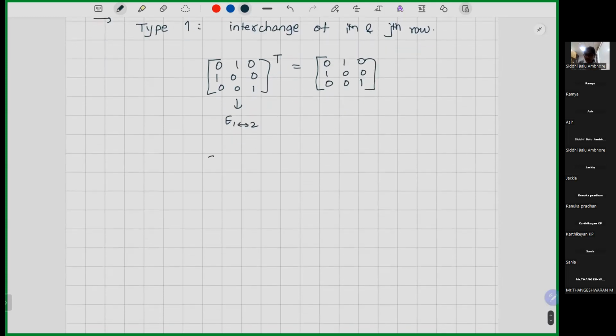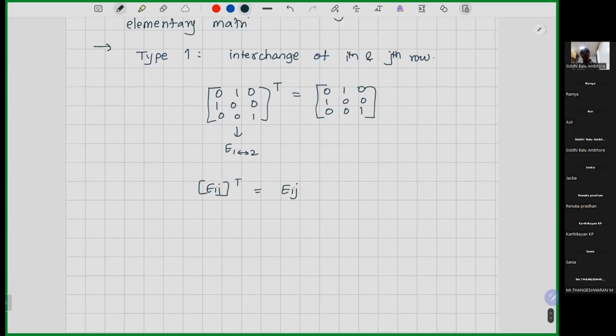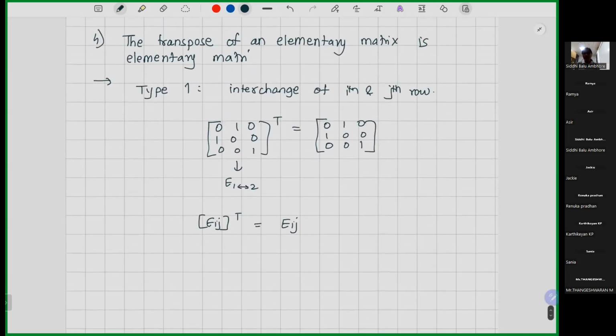So actually the transpose of any type 1 elementary matrix is the same matrix, which is by default an elementary matrix to start with. So that's why for type 1, this is true. The transpose of an elementary matrix is again an elementary matrix.